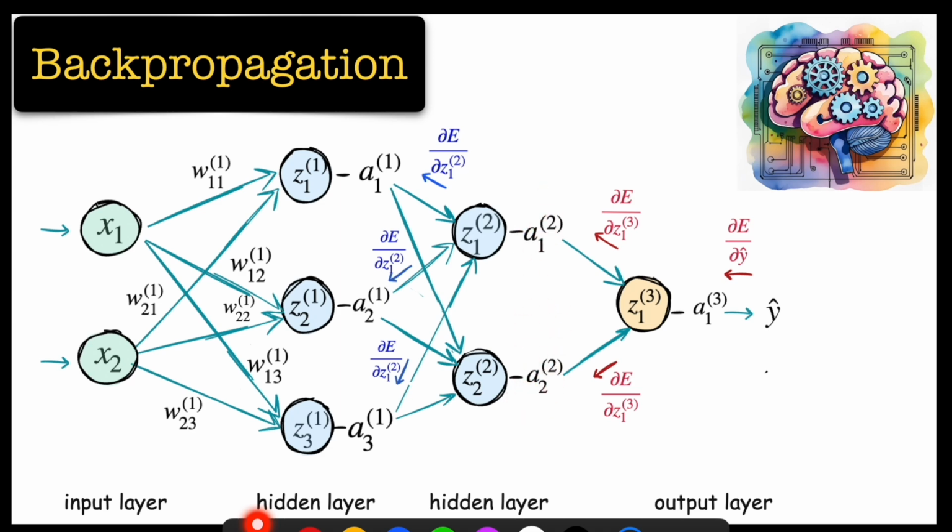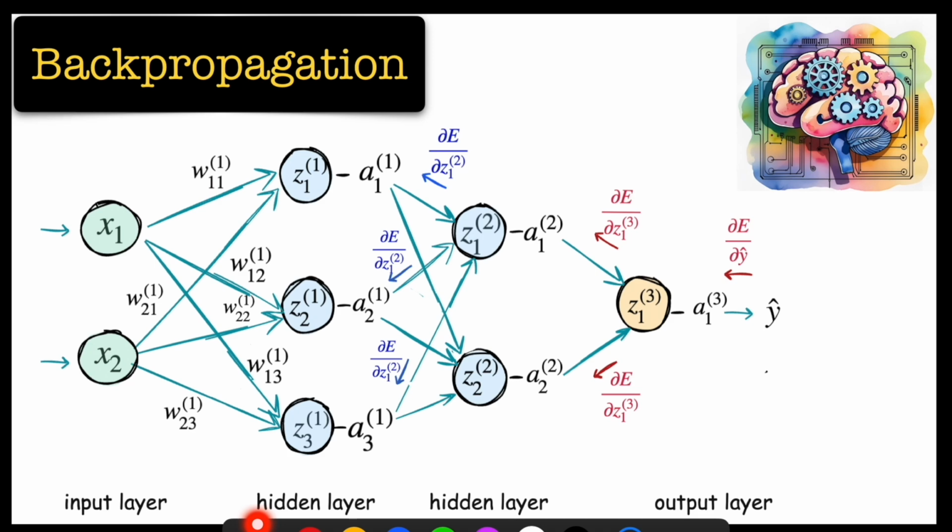So to compute del E del A12 and del E del A22 both, we use this del E del Z13. So this gradient is propagating in both directions, and that's why we call it back propagation. We are propagating the gradient errors in the backward direction.